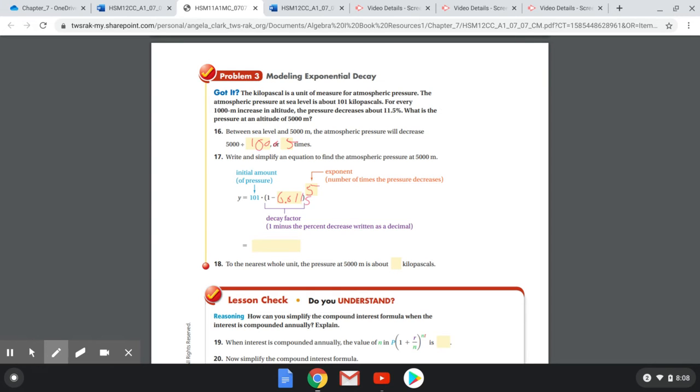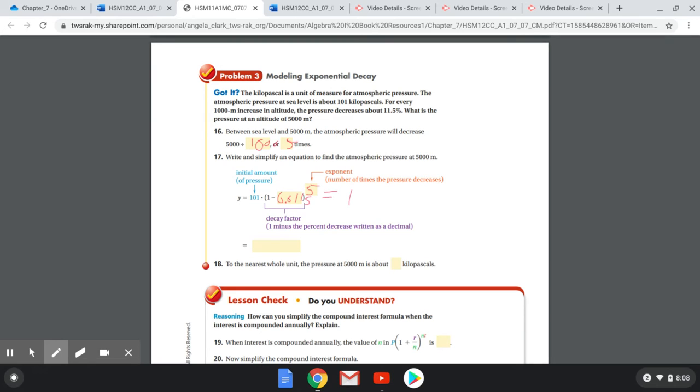Sorry, it doesn't really fit. So we're going to do 1 minus 0.0115. You'll put that into a calculator: 1 minus 0.0115, which is 0.9885.